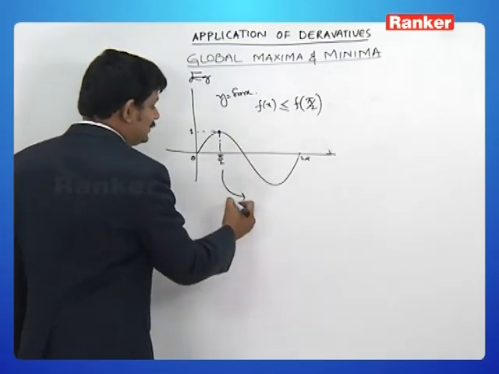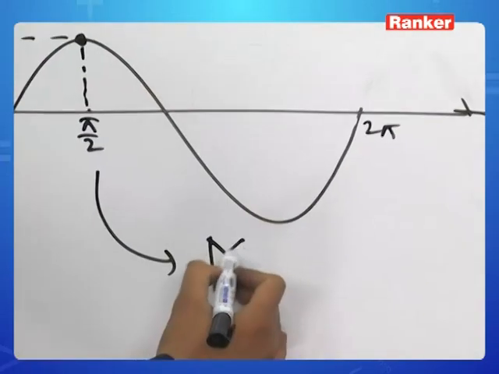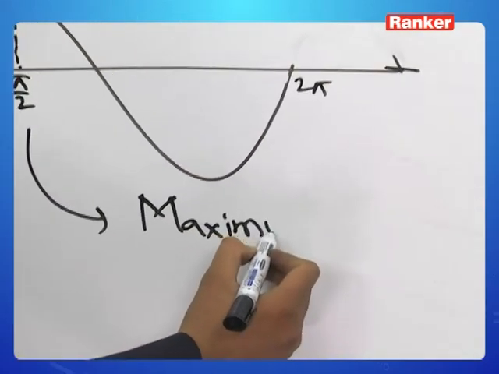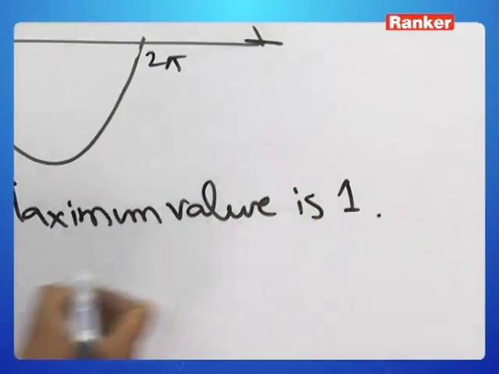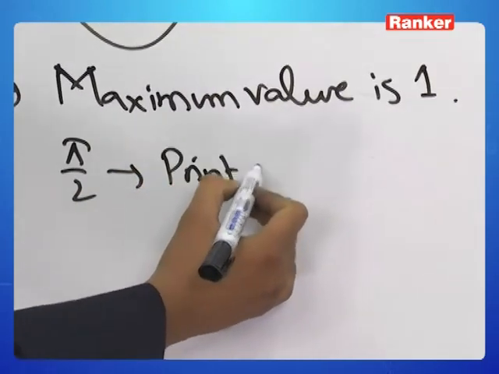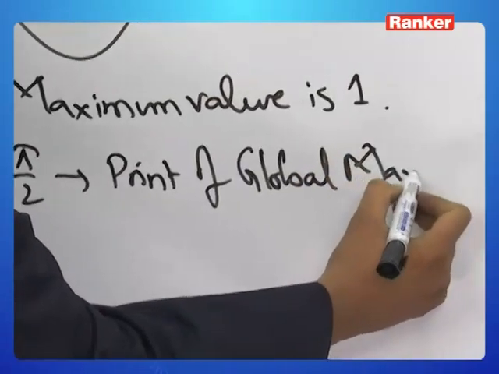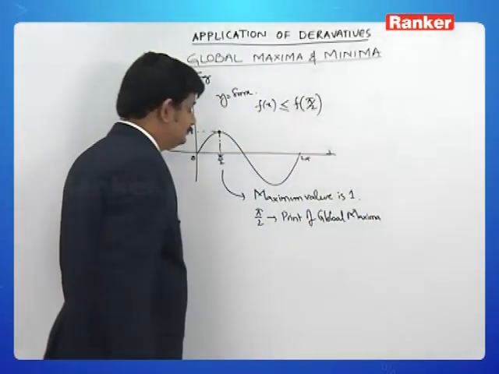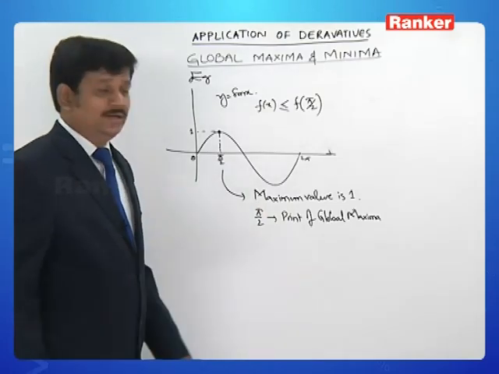Pi by 2 is called the point of global maxima, and the global maximum value is 1.